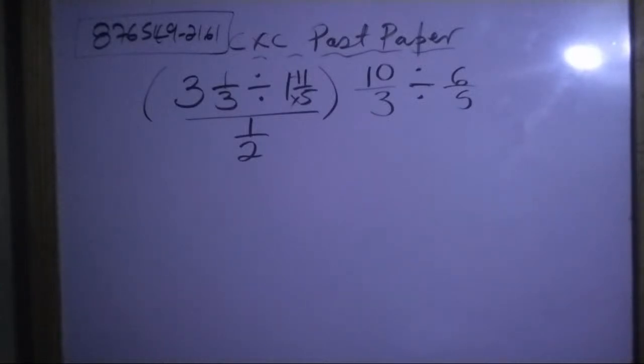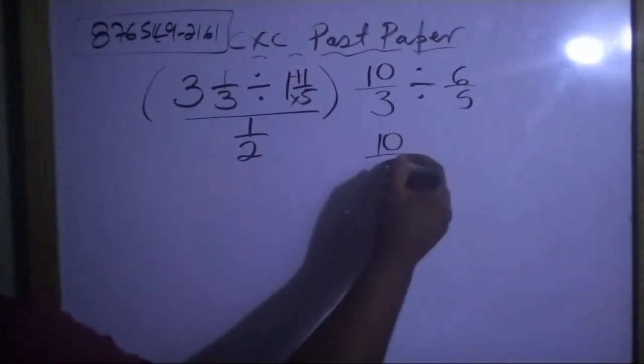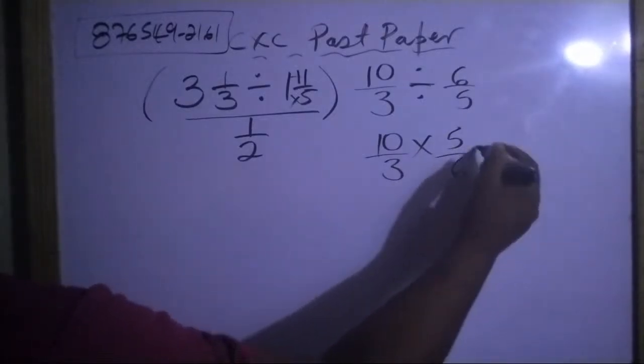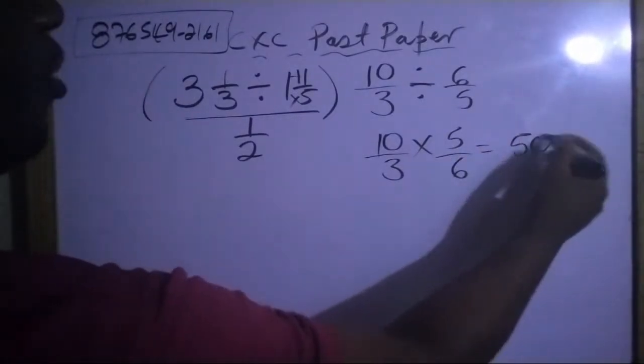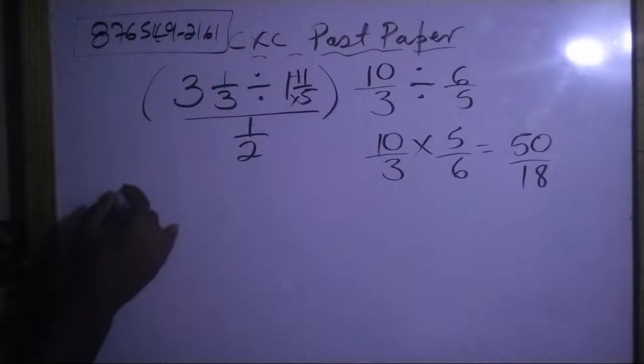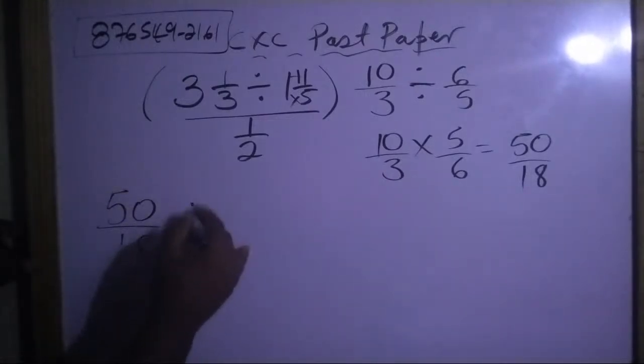So now we're going to do the conversion. 10 over 3 times 5 over 6. So this becomes 50 over 18. So far so good. Remember this is the top part. So now we're going to have 50 over 18 divided by a half.